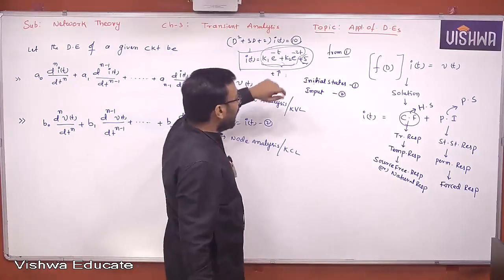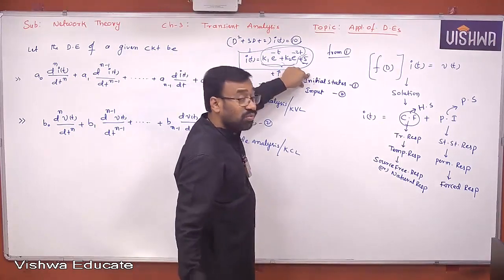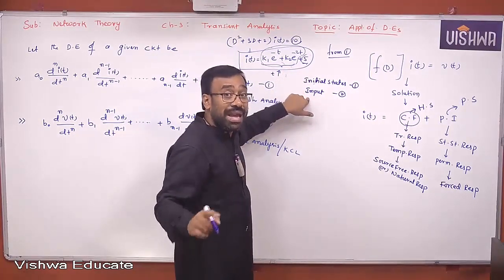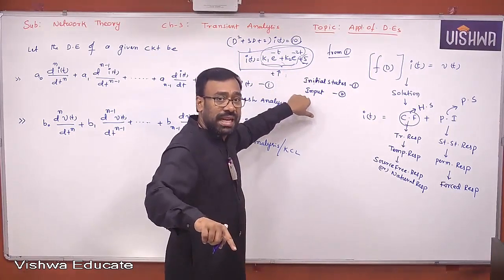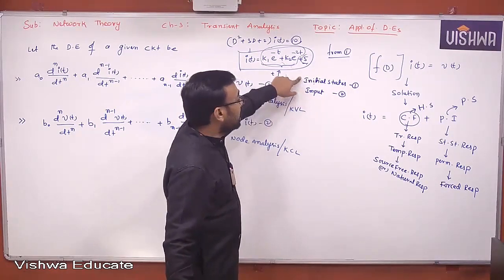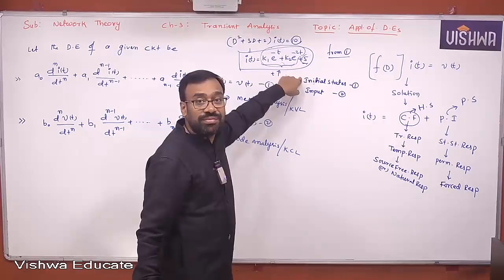Now I would like to find the response due to the initial states. What shall I do now? I have to suppress the other input, I have to make this input 0. Yes or no, all of you? If I want to find the response due to the initial states, I have to make the input 0. Yes or no, all of you?